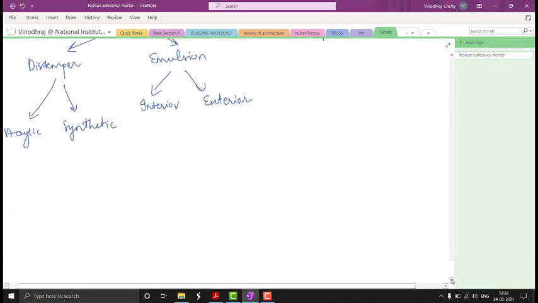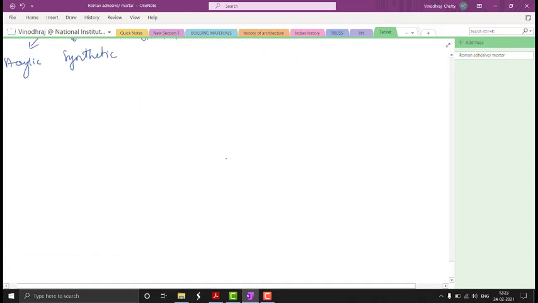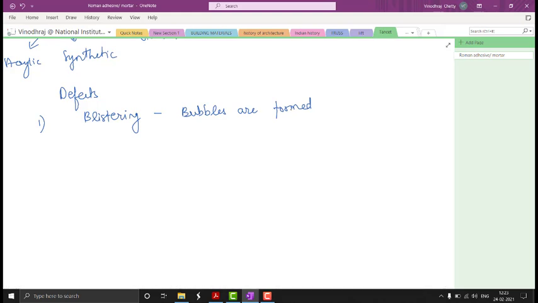And talking about defects in a painting process, this is important. Defects. So first is blistering. Blistering is a defect where bubbles are formed when painting. Okay, bubbles are formed. For example, when you apply a tempered glass to a mobile, bubbles are formed at that time.